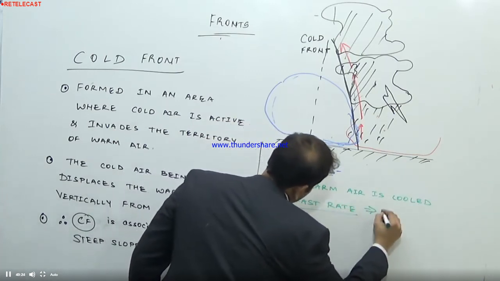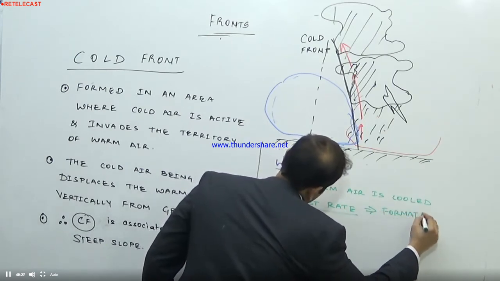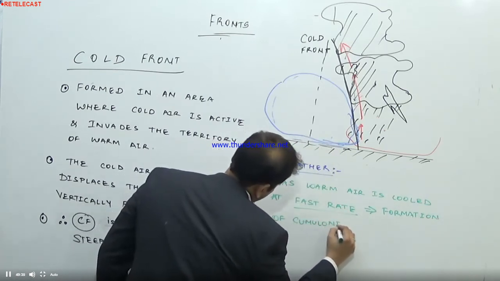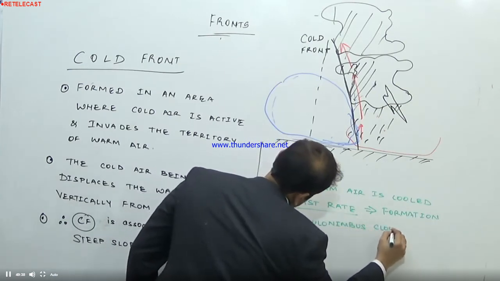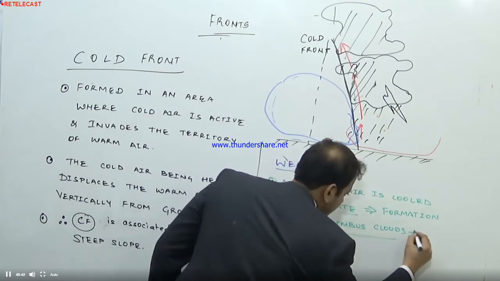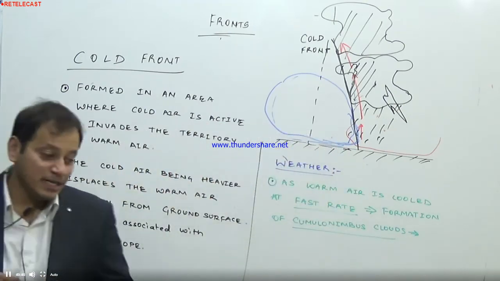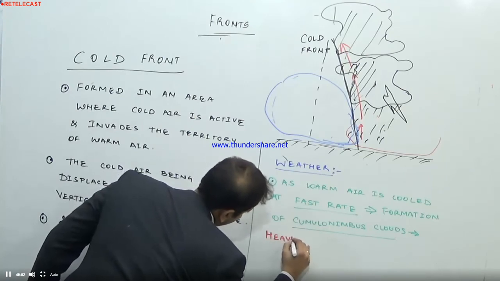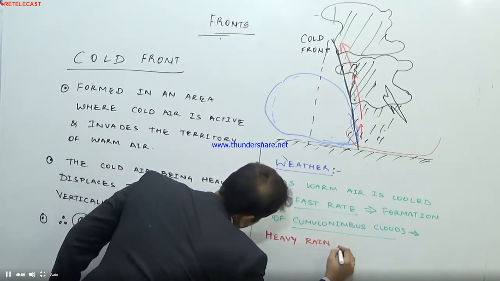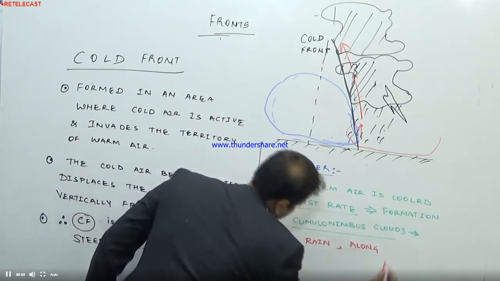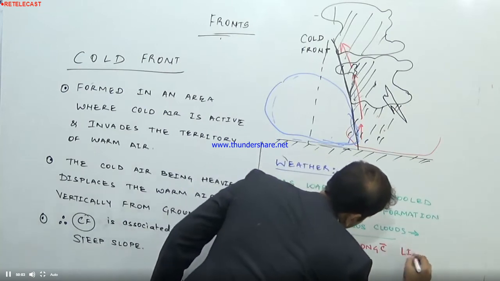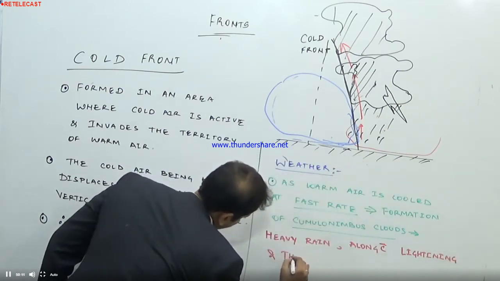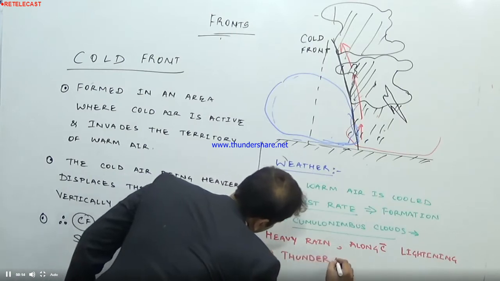Therefore, there is a formation of cumulonimbus cloud, and whenever cumulonimbus clouds are formed, as I have told you numerous times, it is associated with heavy rainfall along with lightning and thunder, but of a shorter duration.